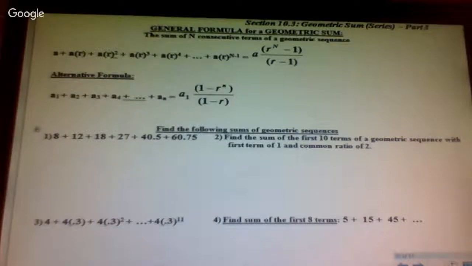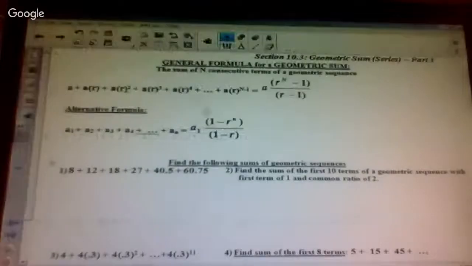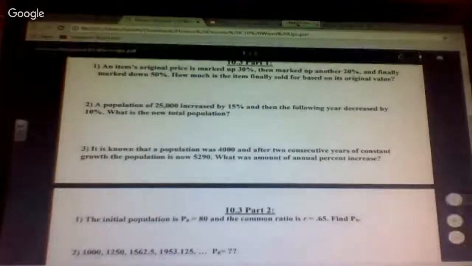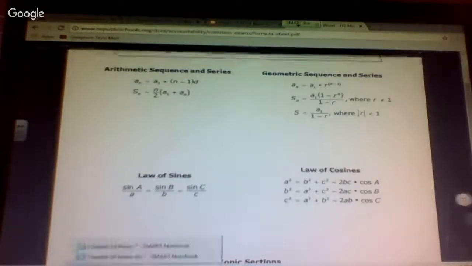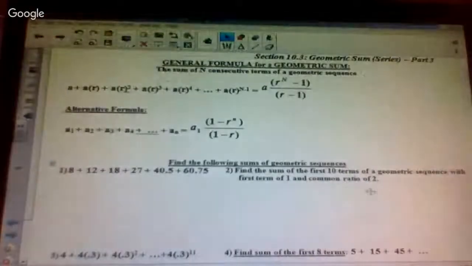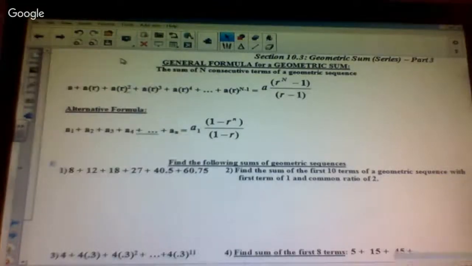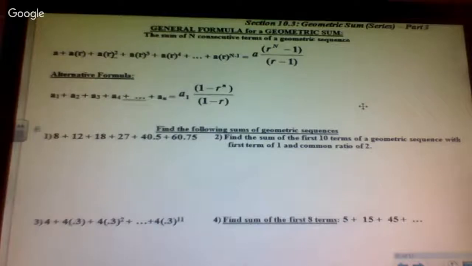I think it's the second one. Yeah, they give you the second one. Both do the same thing, but we're going to focus on the second one.